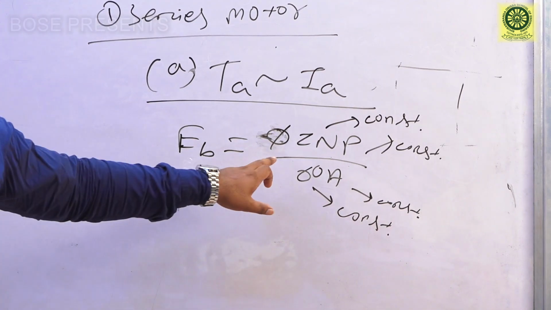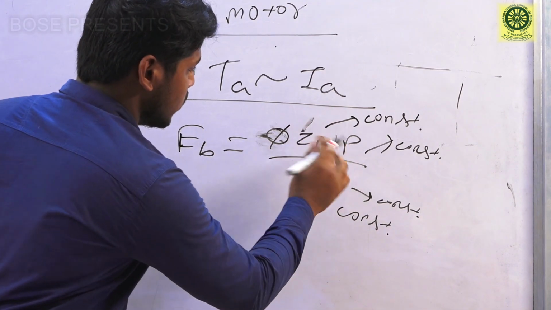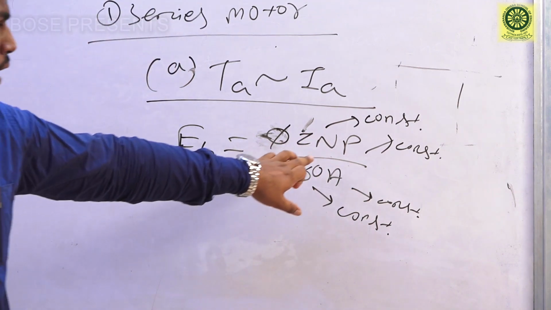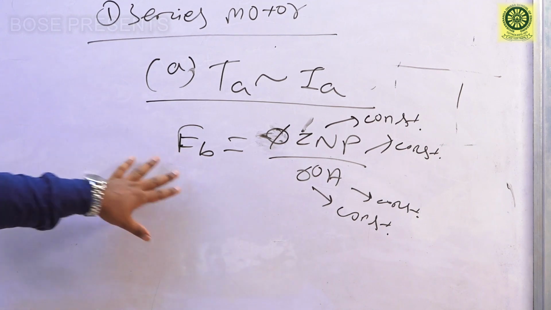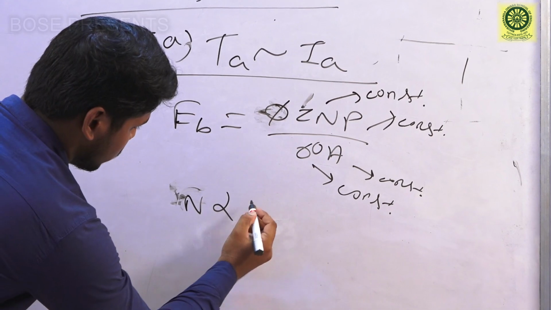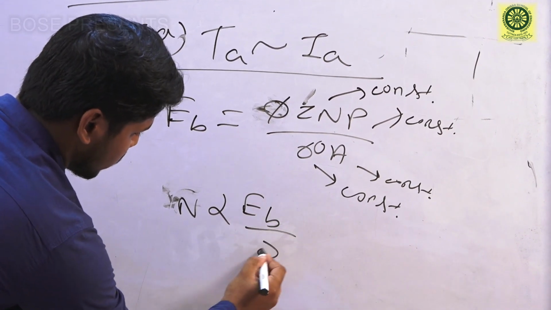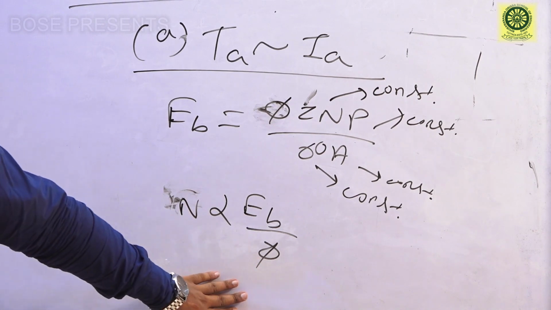The variable part is the flux, the speed and Eb. So from this equation we get N proportional to Eb by phi, where N is the speed, Eb is the back EMF, and phi is the flux.